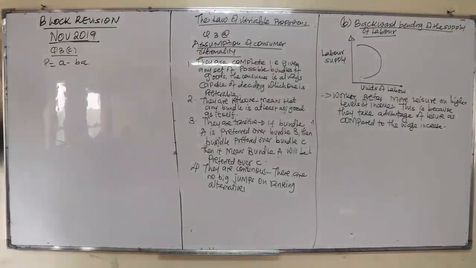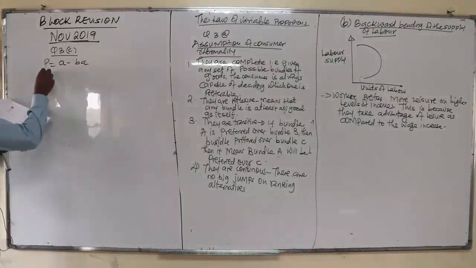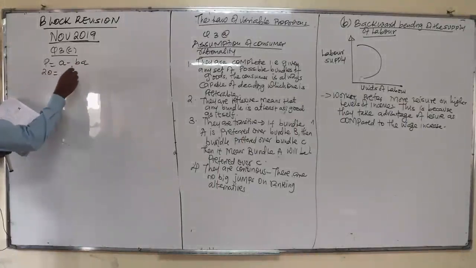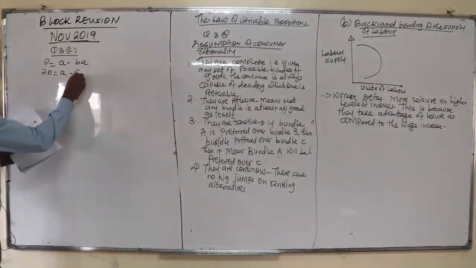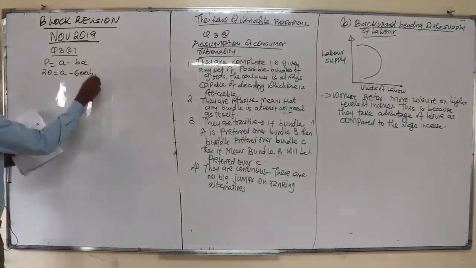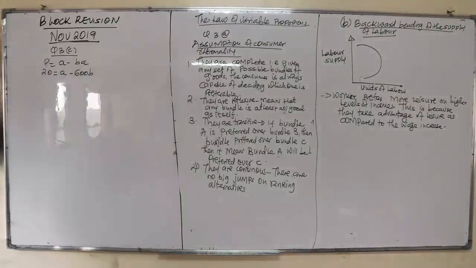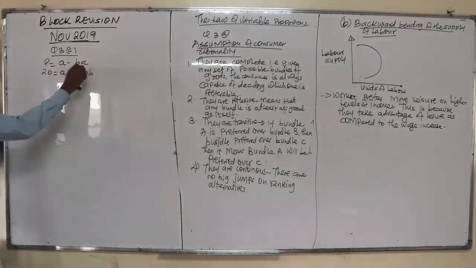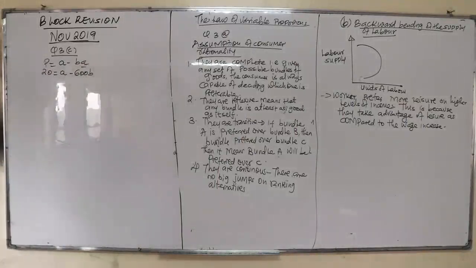So when the price is 20, the quantity demanded, we were told, is 600 units. The quantity Q will be 600.